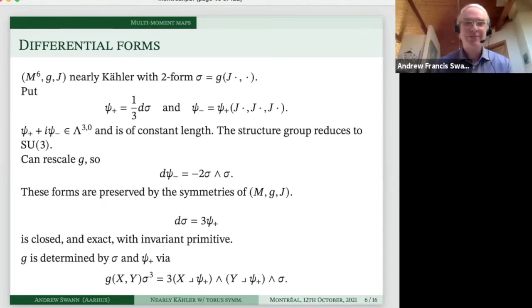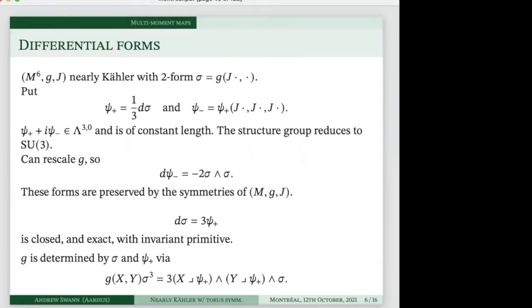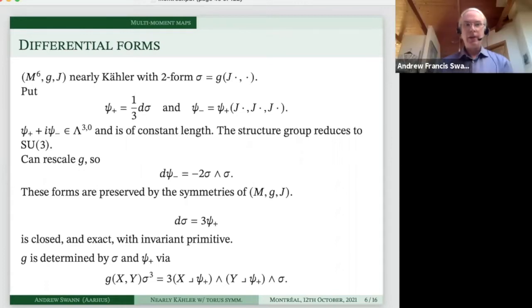Andrew? Yes. Claude here. It perhaps might be worth mentioning what the formula is, if you look at the G2 cone, for the 3-form and the 4-form. I can try and scribble here somewhere.